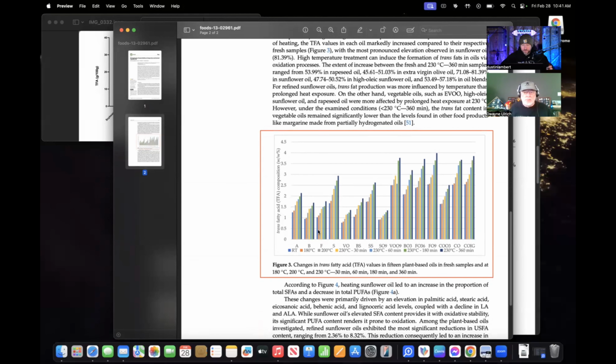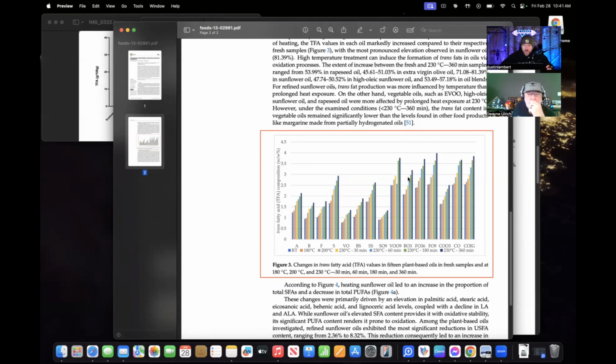Looking at the chart, a lot of these are different versions of sunflower oils, and then some versions of olive oil and a couple other things. They heated these oils to 180, 200, and 230, and held them for 30, 60, 180, and 360 minutes.